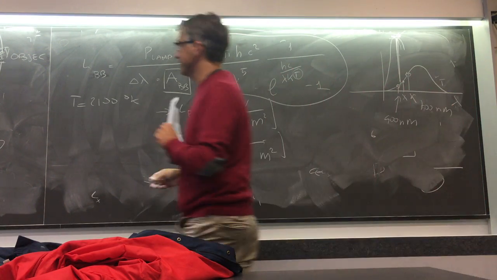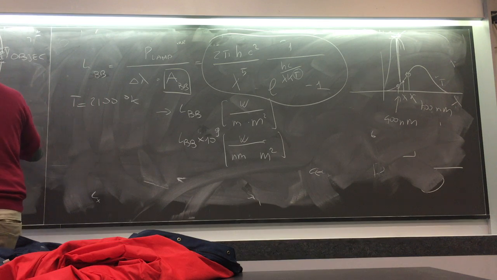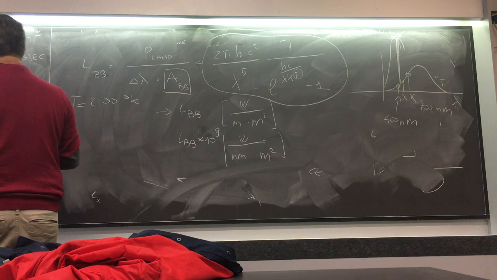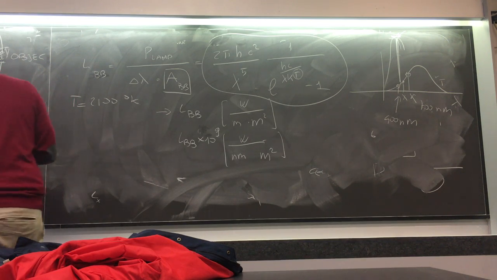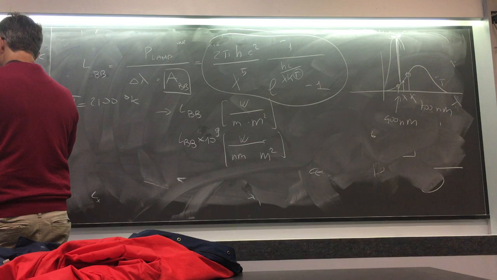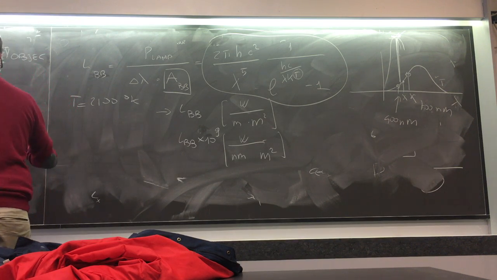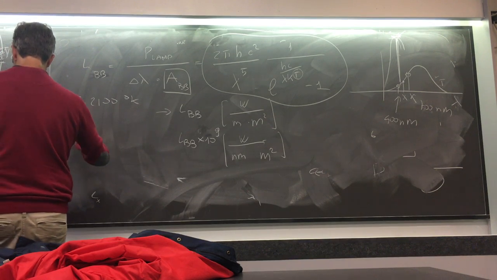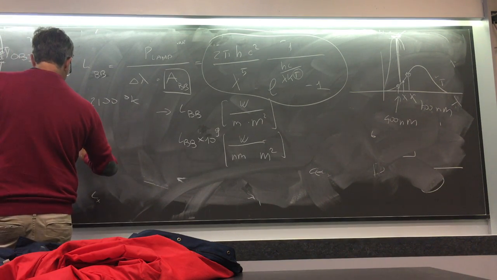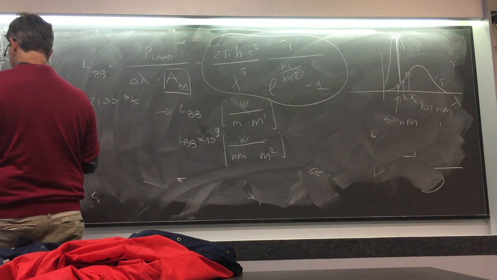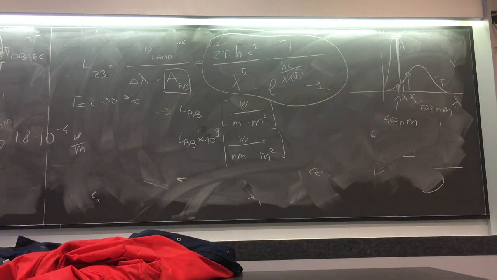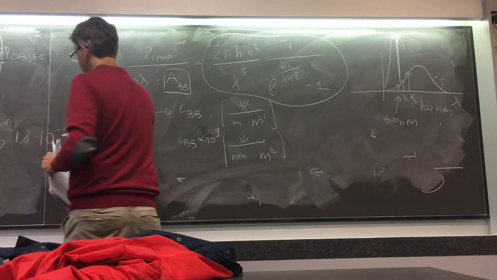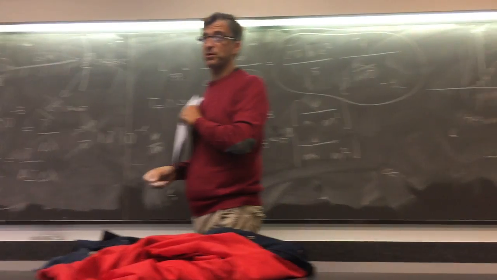This is very different. So if you compute it at 400 nanometers, the energy per nanometer and per square meter is 1.8 10 minus 4 watt per meter, okay? 10 minus 4, so less than 1 milliwatt per meter.